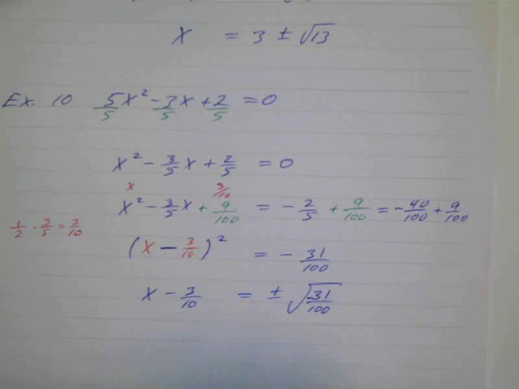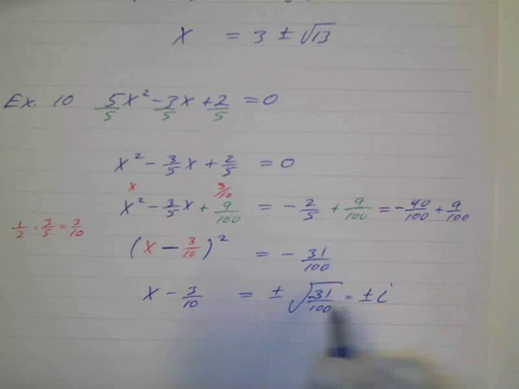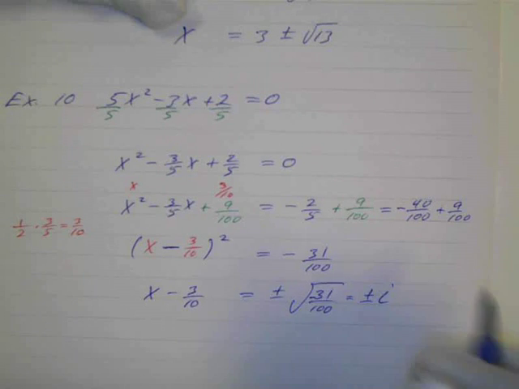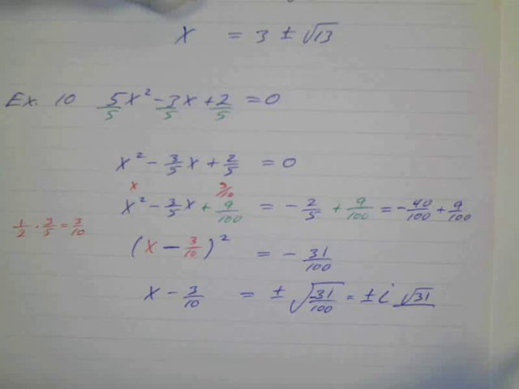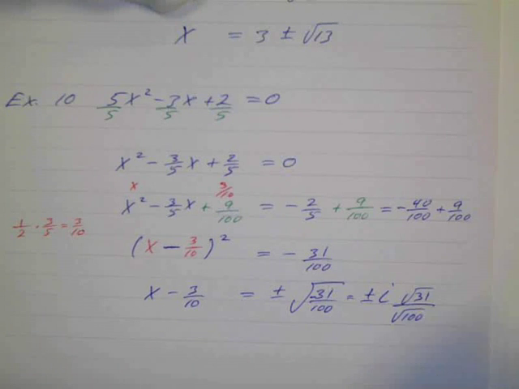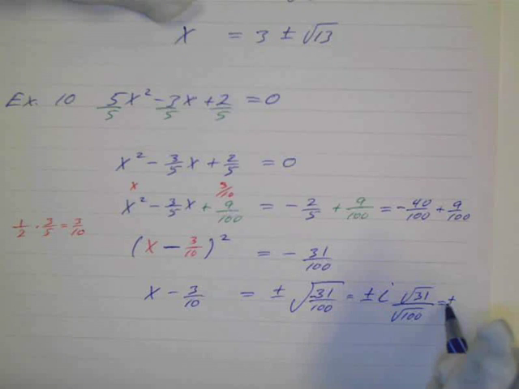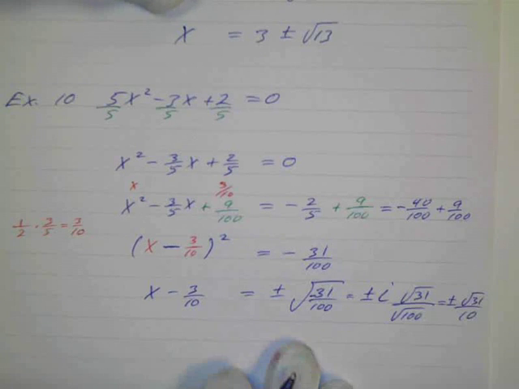Well, we got to take out the i, so that's going to be equal to plus or minus, and I take out the i because I have that negative. And this is the same thing as the square root of 31 all over the square root of 100, which is just 10. So that's going to be equal to plus or minus i times the square root of 31 over 10. Hope you can see that.